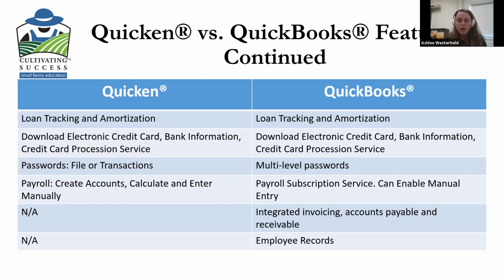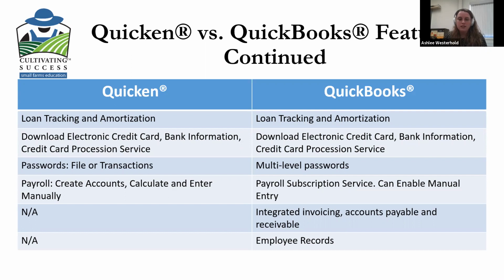The payroll for Quicken is to create accounts, calculate, and enter manually. In QuickBooks, you do pay extra, but you can get a payroll subscription service, and it can enable manual entry. So I work in the Magic Valley, as Colette talked about, and a lot of our dairymen really use and rely on QuickBooks, and mostly it's for the payroll.